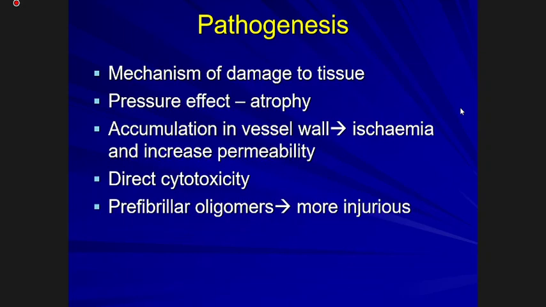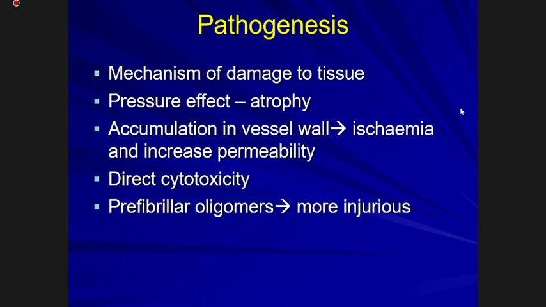The first is that it can cause a pressure effect. Remember, it accumulates extracellularly. If there is a lot of accumulation of this protein, the cells can become compressed and undergo atrophy.